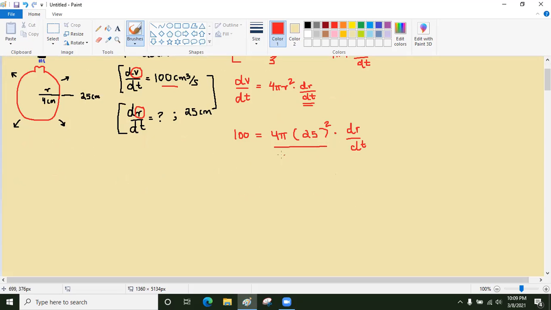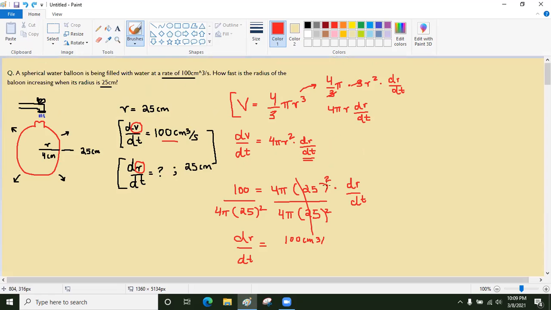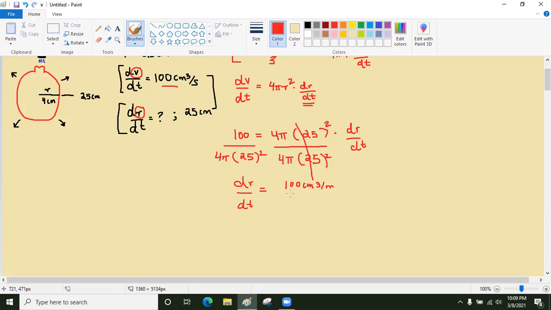So if we were to divide both sides by 4 pi times 25 squared, we would eventually find that dr over dt is equal to 100 centimeters cubed per, I think it was per minute, over 4 pi times 25 squared.